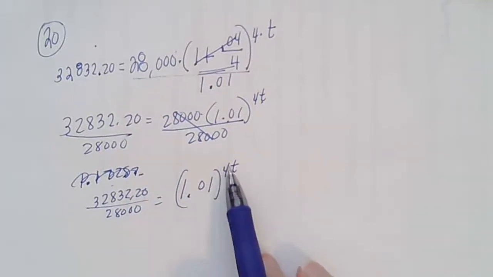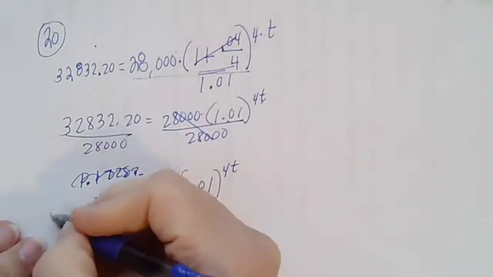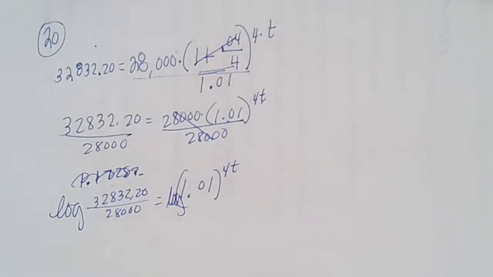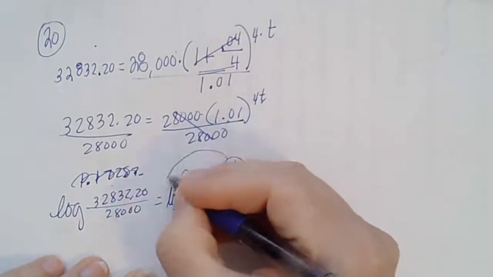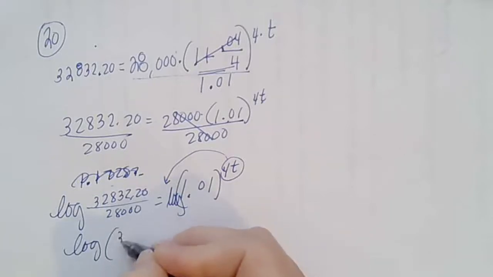Then take, and it could be log or ln, a logarithm will bring this exponent down so you can work this. So we get the log of this complicated decimal amount, which we'll type in and keep as exact as we can in a minute, and then 4t times log 1.01.